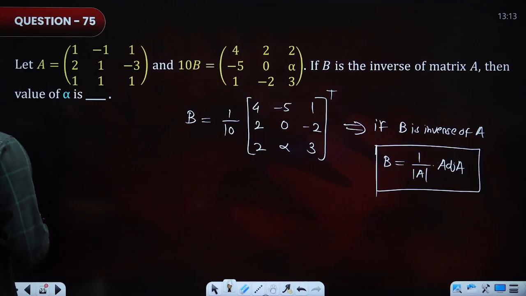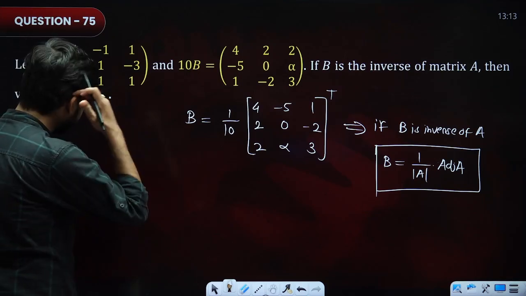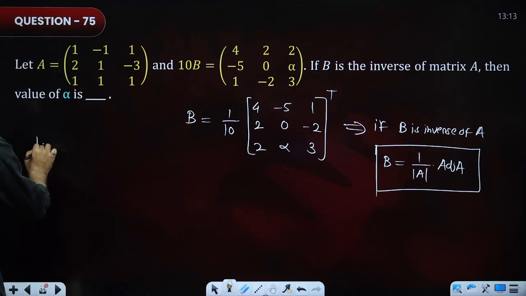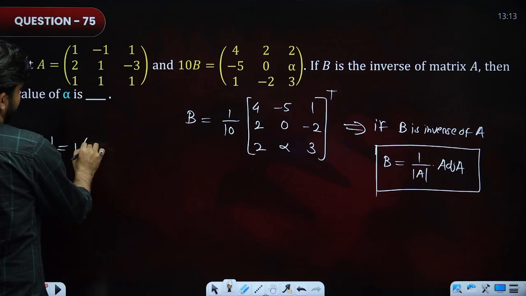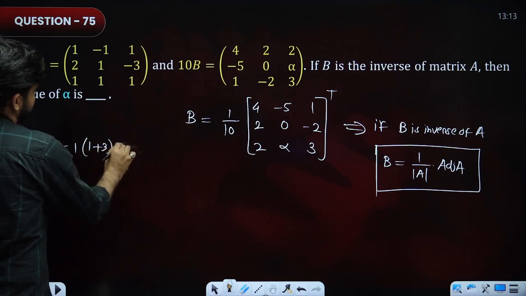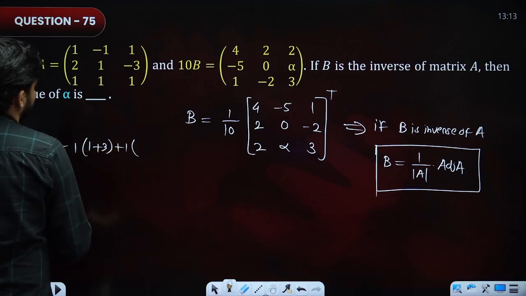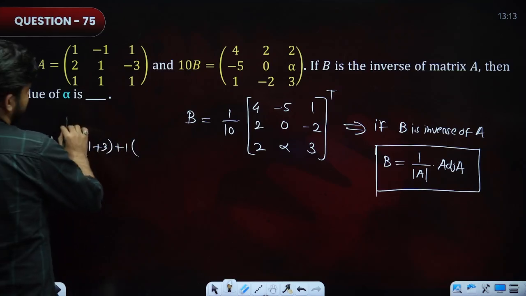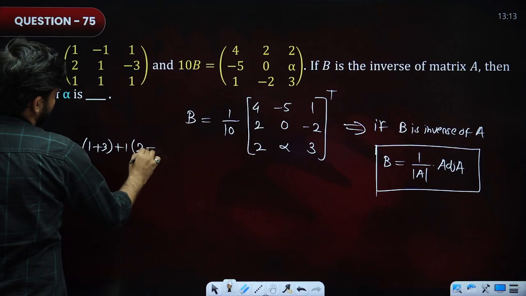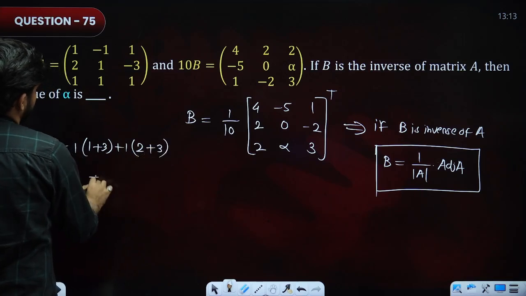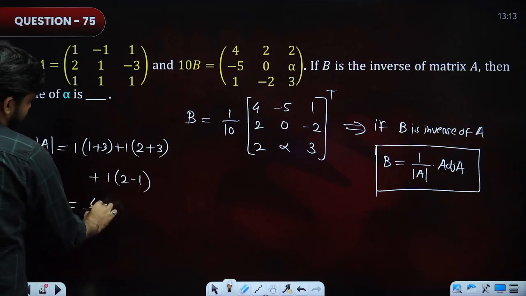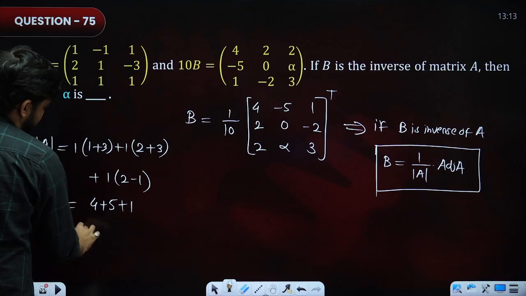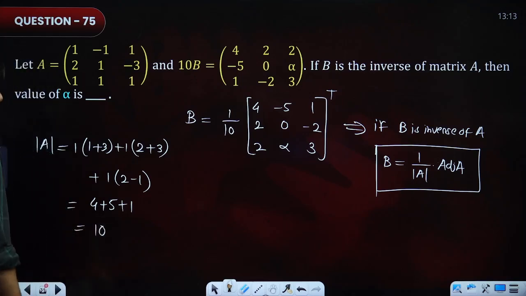So for that case, let's check the determinant of A over here. For that we get 1 plus 3 plus 1, so 2 plus 3 and plus 1, 2 minus 1, so 4 plus 5 and plus 1, therefore we got here 10.